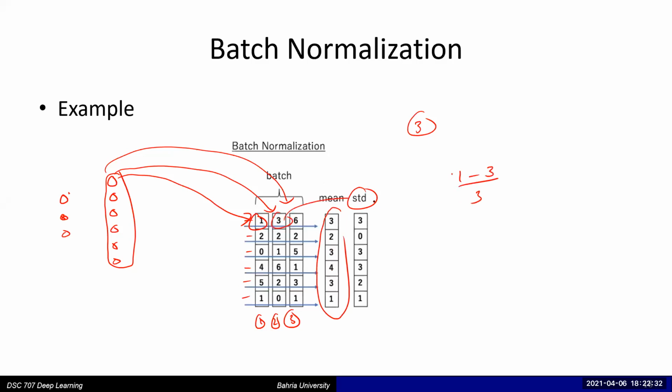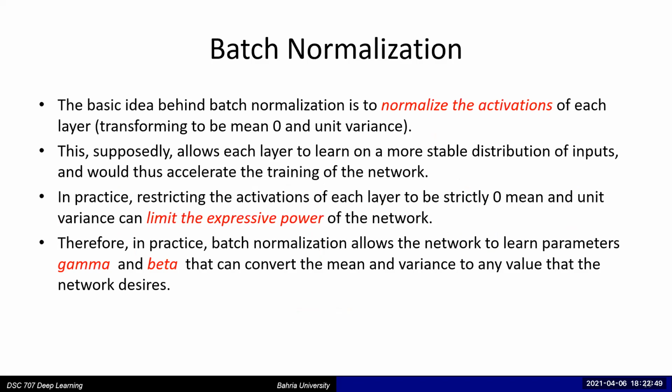Similarly for this one, you will do 3 minus 3 divided by standard deviation, and for the 6, you will do 6 minus mean divided by standard deviation. So you normalize all the 3 examples, and then you feed them to the next layer.